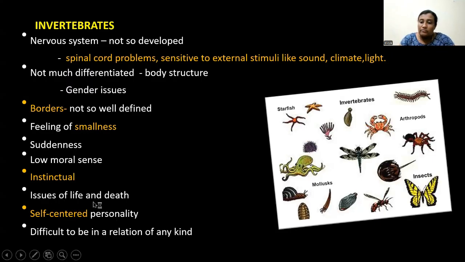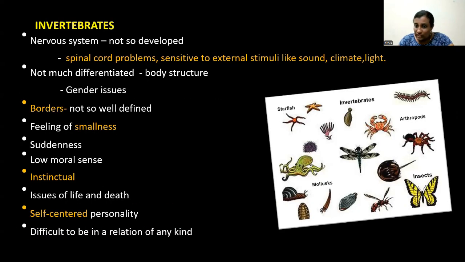They are very self-centered personalities. They'll be talking only about themselves, caring only about themselves, because they don't know that the other person exists. So they have difficulty being in relation of any kind. They can't form a relationship with anybody so easily.